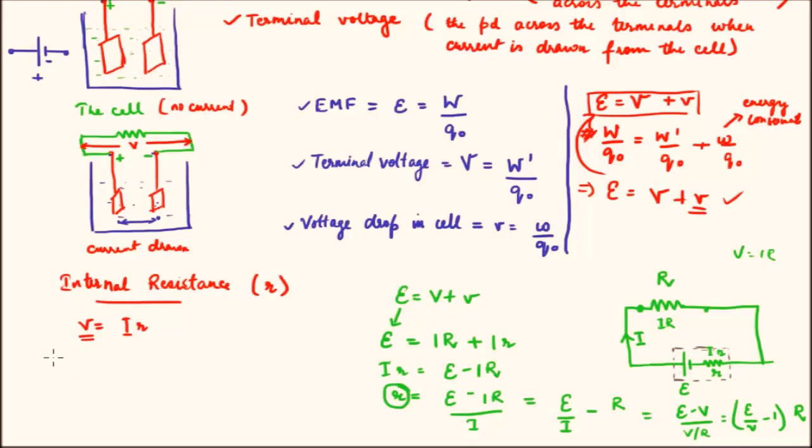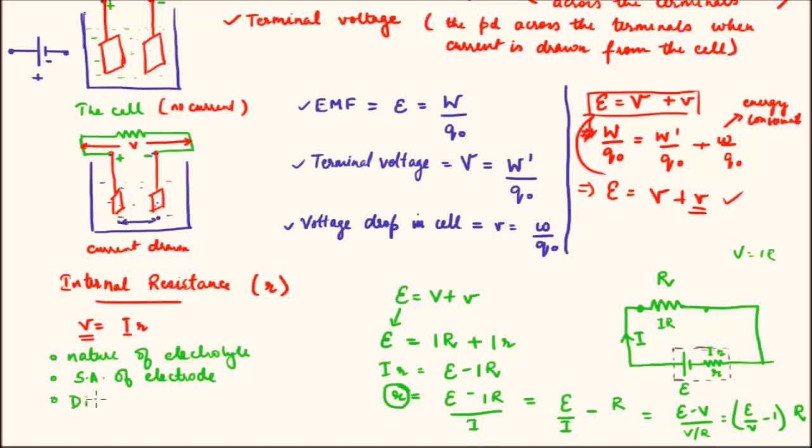So factors that will affect the internal resistance is, one, the type of electrolyte that is there, nature of electrolyte. Second is the surface area of electrode. The more the surface area of the electrode, more will be the path available for the ions to move, and less will be the internal resistance.